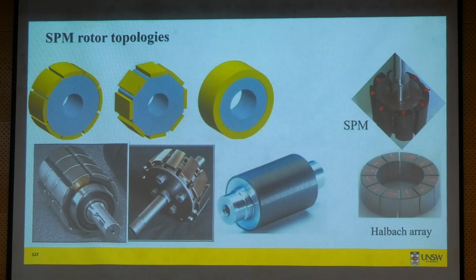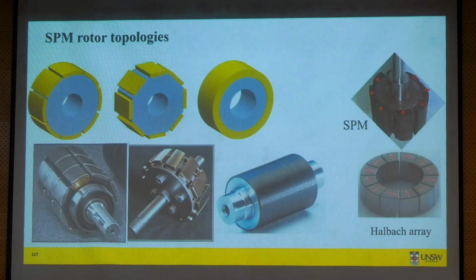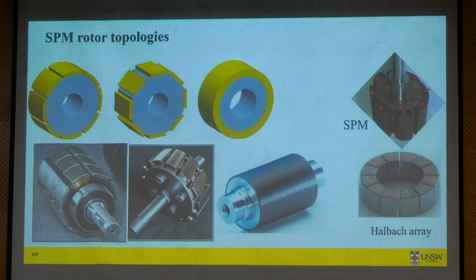Now the innovation in SPM technology, especially in the rotor, is not as much. The only innovation that happened is by shaping the rotor magnet. So compare this magnet with that one. This is a square magnet, whereas this is kind of a circular shape.